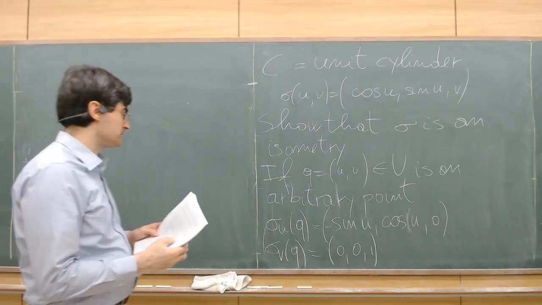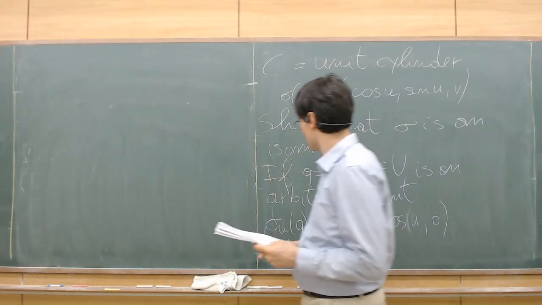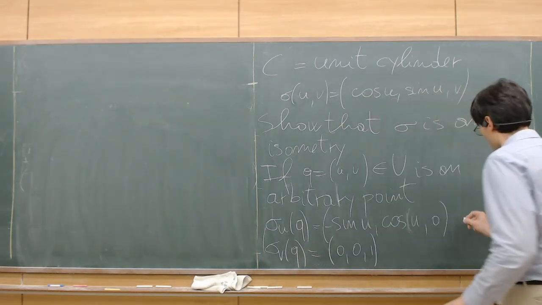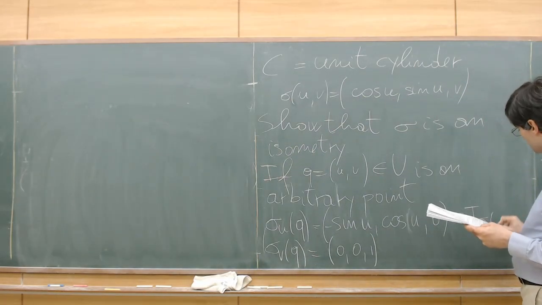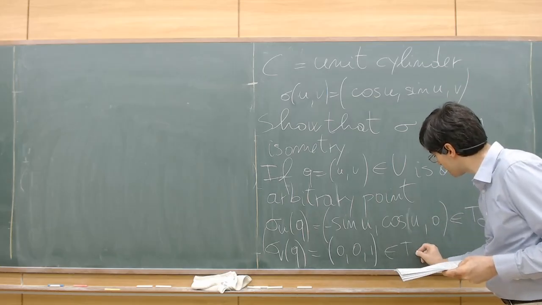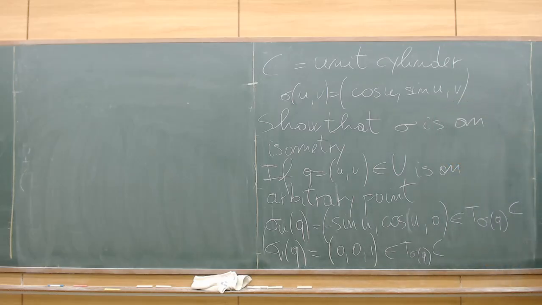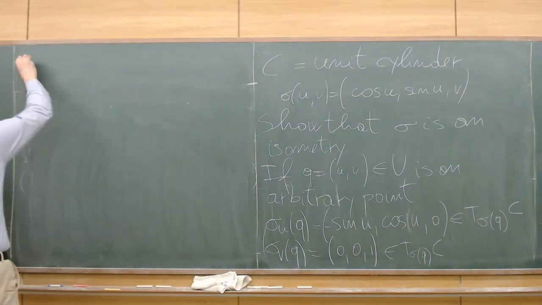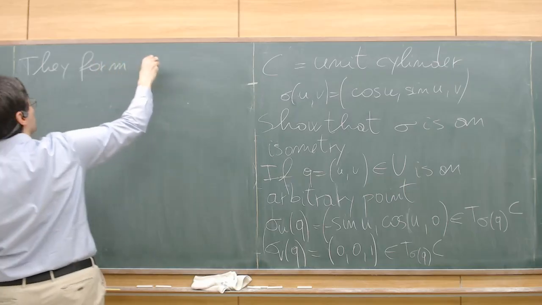So these two vectors live in T_sigma(q) of C, clearly, and they are an orthonormal basis.